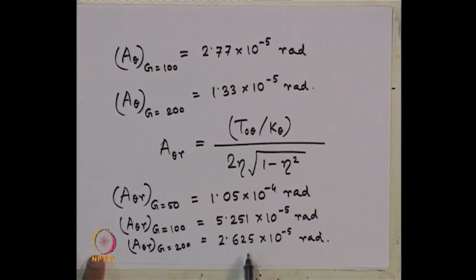This is again more than this at operating frequency. So, these are at operating frequency, these are at resonance frequency. In the similar way we can find out for rotating mass type excitation also. That can be easily obtained in the similar fashion.